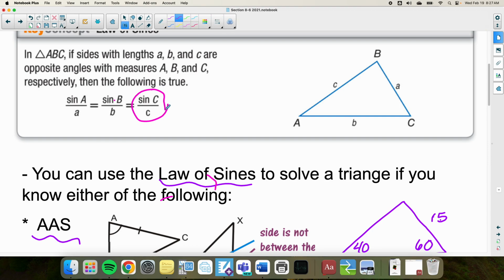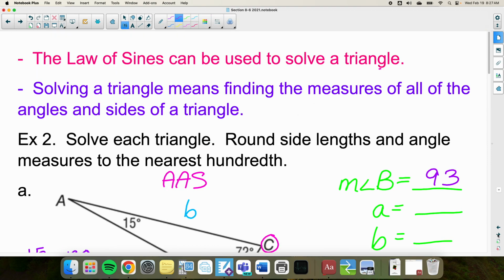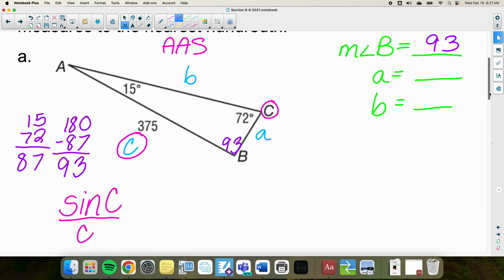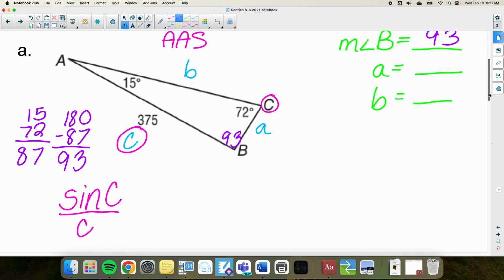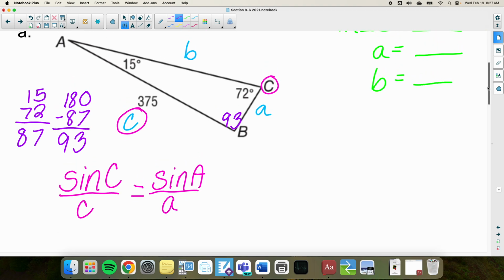So let's go back. I'm gonna do sine of C over C. And let's say we wanna find A first. So we're gonna go sine of A over little a, okay?